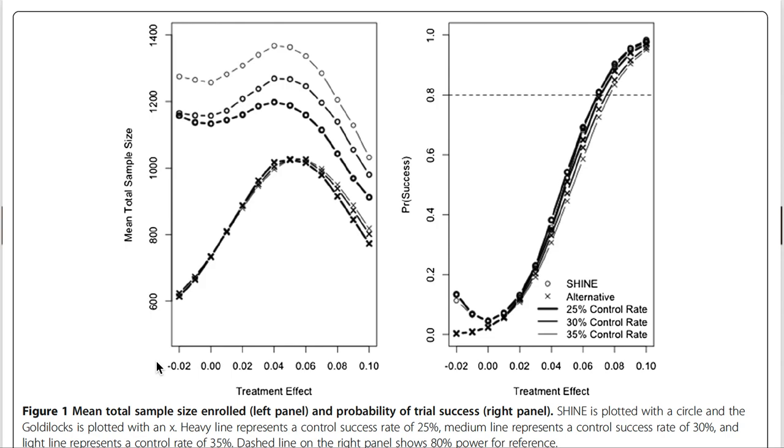So there's much greater variability in the sample size and a much larger sample size in the SHINE group versus the Goldilocks group. And on the right plot, we see the probability of success plotted against the treatment effect. And we can see here the circle is the SHINE and the X is the Goldilocks alternative. And you can see, other than the starting point, they pretty much almost mirror each other past the power mark of 80%.